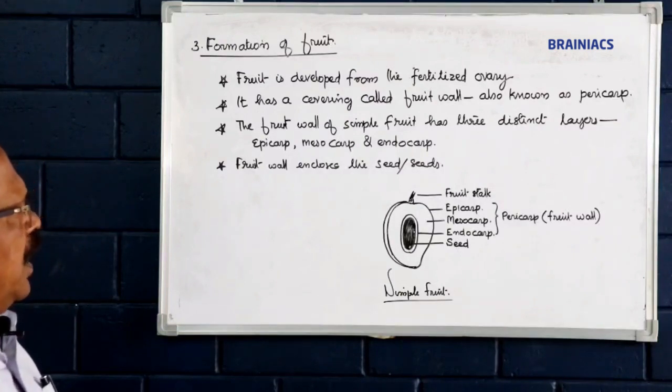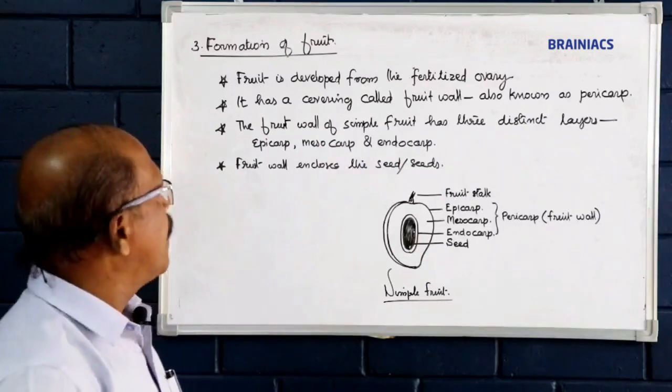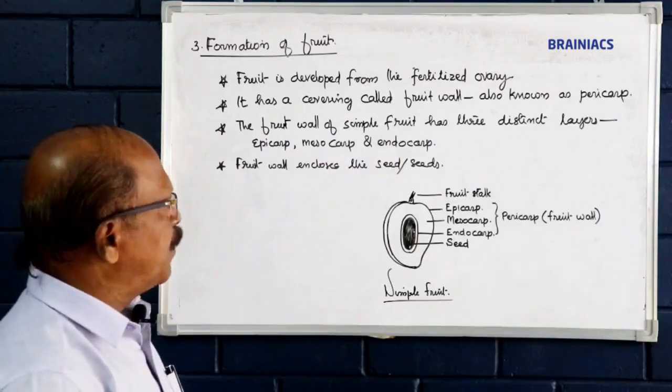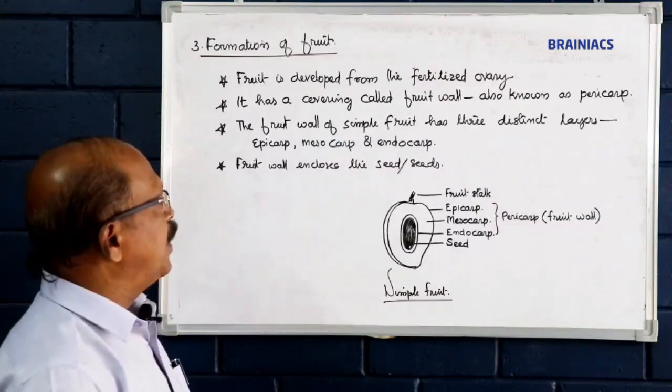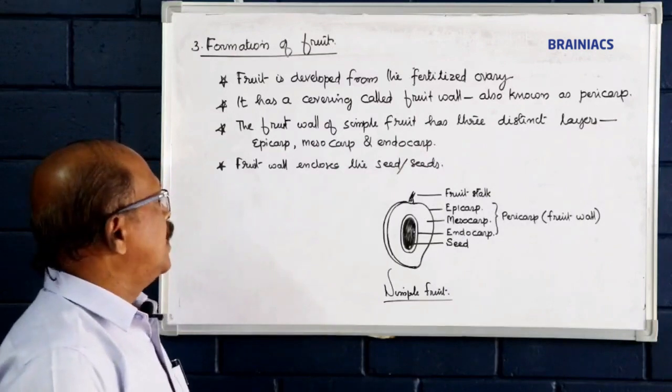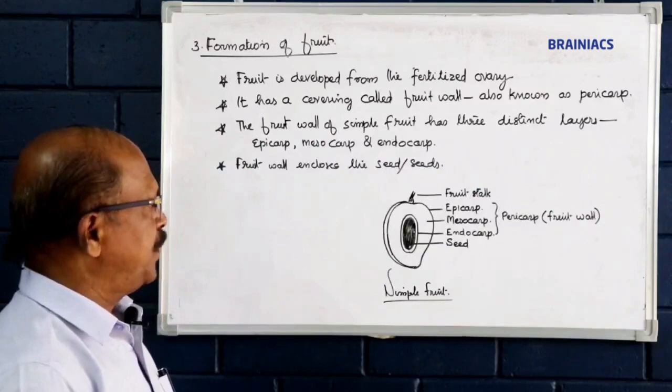It has a covering called the fruit wall, also known as pericarp. The fruit wall of simple fruit has three distinct layers: epicarp, mesocarp and endocarp. The fruit wall encloses the seed or seeds within it.